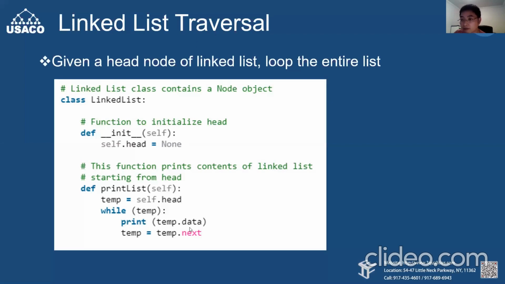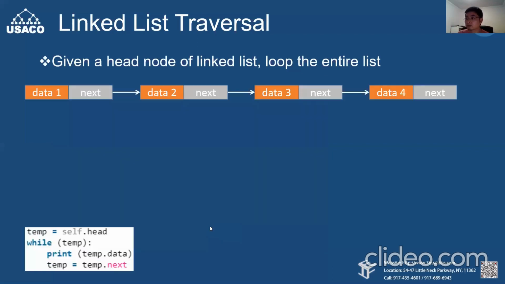I print out the data. And what I need to do, very important, I update the value of temp to be the next node. I update the temp variable to be my next node. And I do it again. Every time I print, I point to the next one.